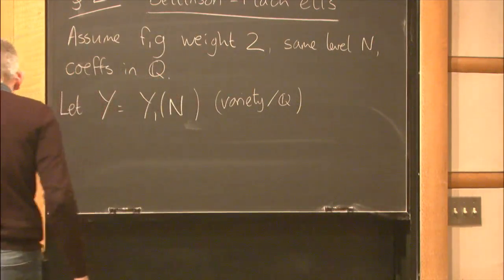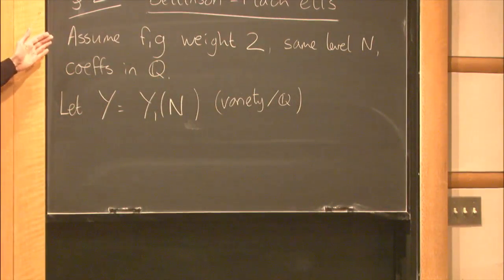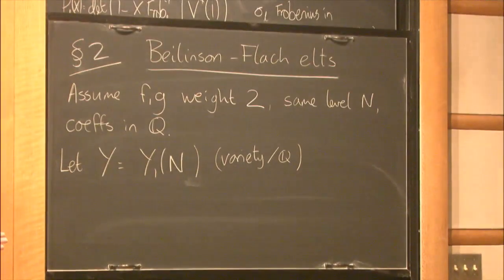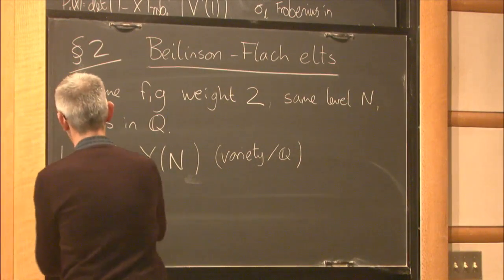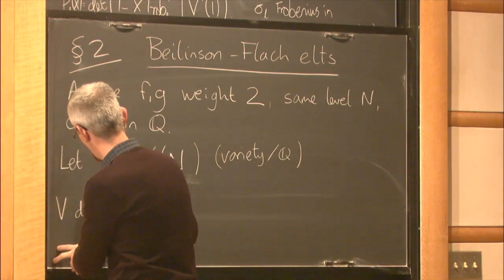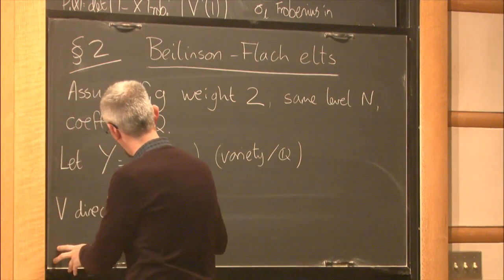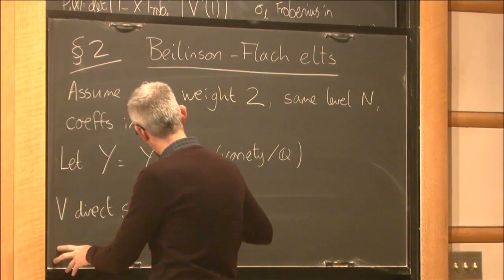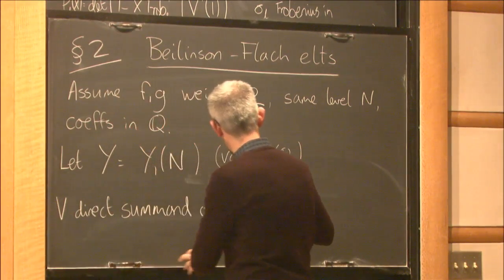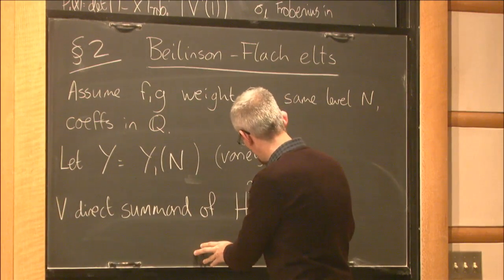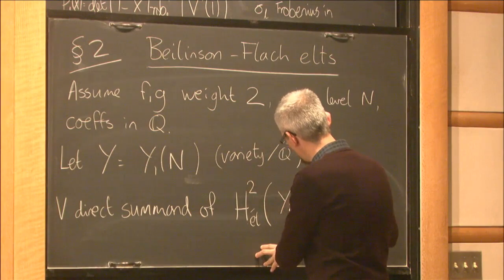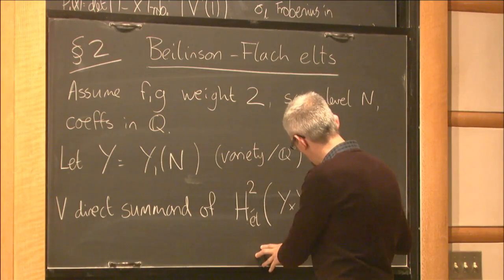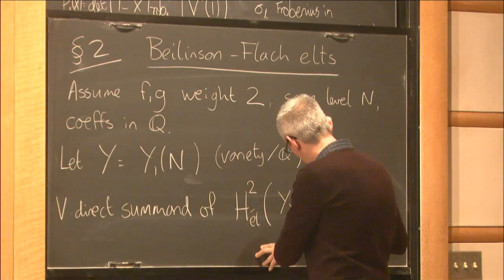So each of f and g crops up in the étale cohomology of Y. So by the Künneth formula, the tensor product crops up in the cohomology of Y times Y. And it's étale cohomology over Q bar.